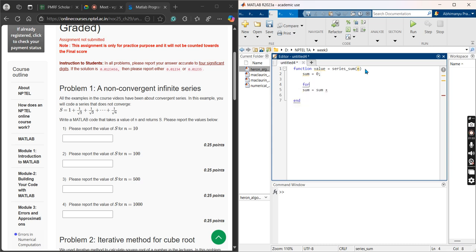Then let us run a for loop n number of times, or we can do it without a for loop also.